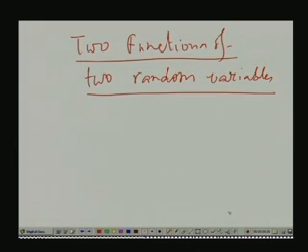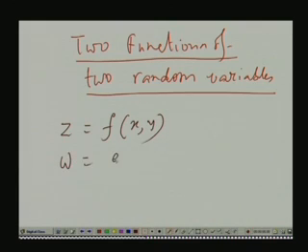That is, we are given z equal to f of x comma y and w is equal to g of x comma y. Obviously, z and w, since they are functions of x and y, in general they are also jointly random. So I can have joint probability distribution and joint probability density functions for w and z.